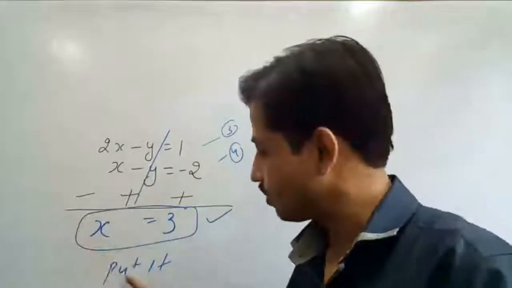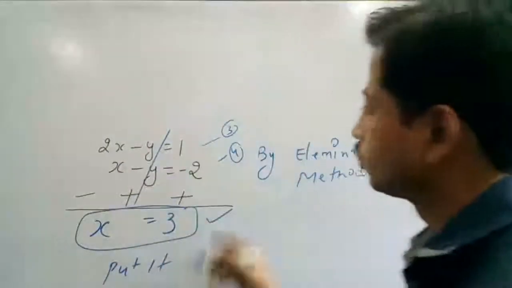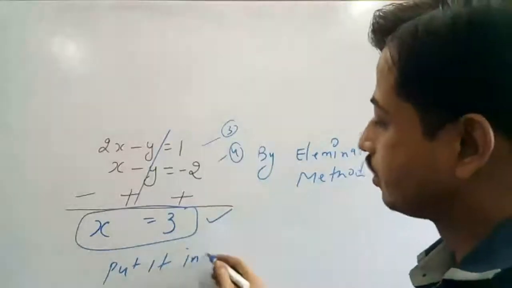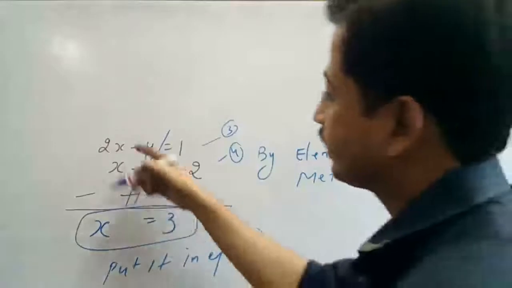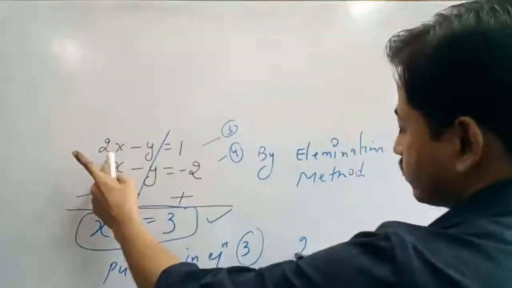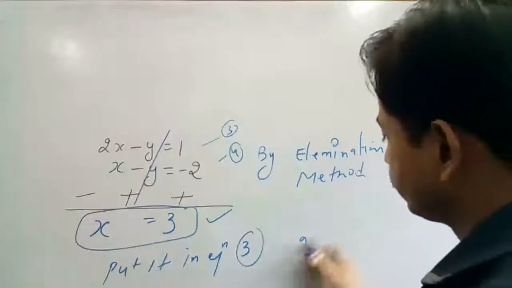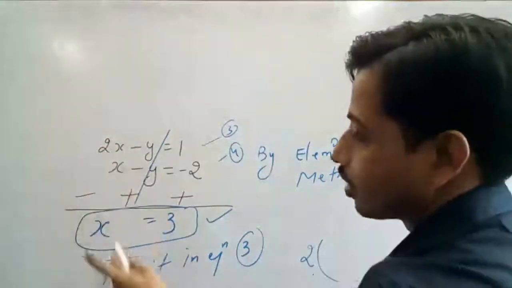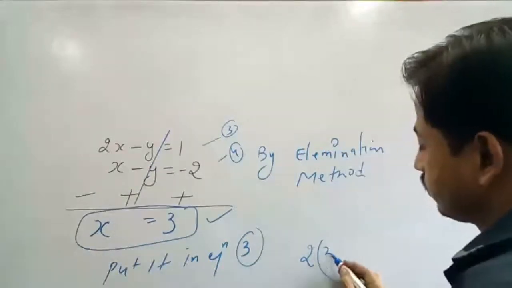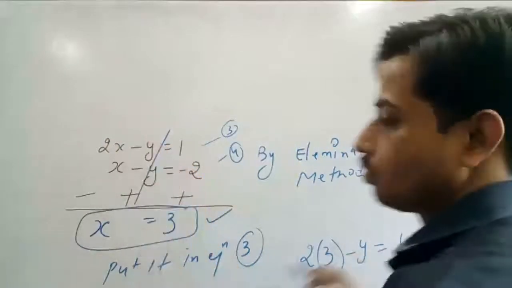We have to put the value of x in either of these two equations. So put it in equation 3. What do I get? 2x minus y. 2 into x, the value of x is 3, minus y is equal to 1.